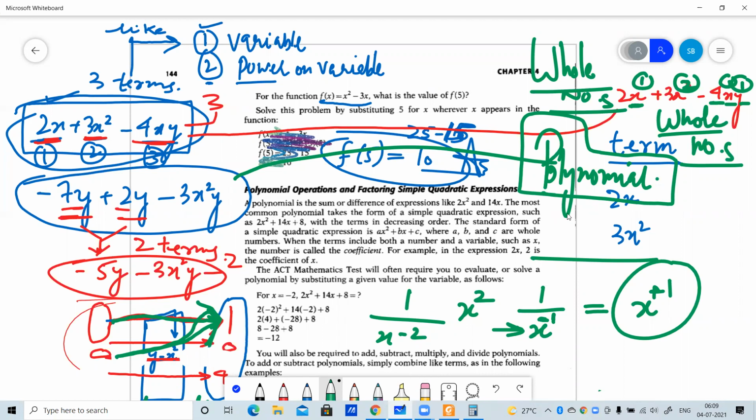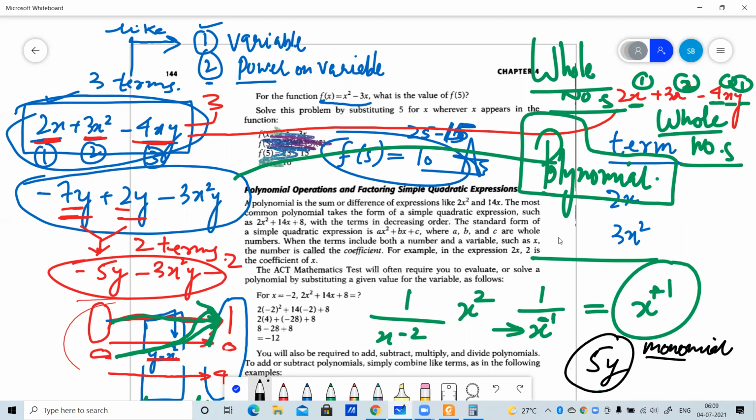So that is about polynomials. But if you're having only one term in the polynomial, for example, you're having 5y, then the name is called monomial. It's just one term, exactly.